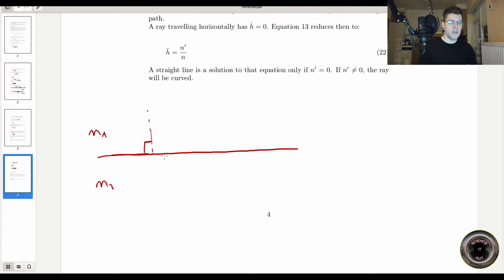Snell's law doesn't really answer that, because you can't really have a 90-degree angle here without this light ray already traveling along the boundary for some time, right?